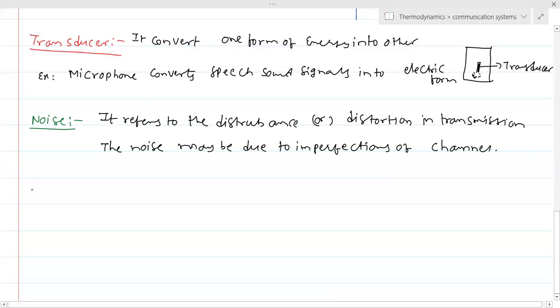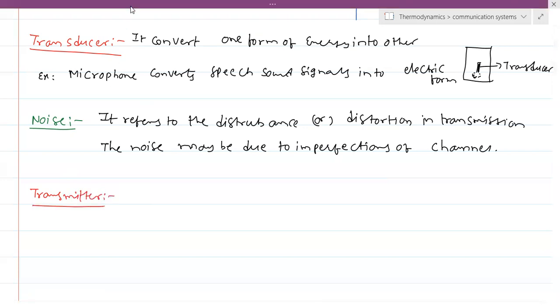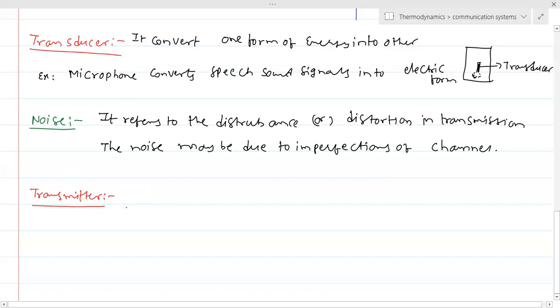Next is the transmitter. Studying all these things before the problems is very, very important, very crucial to understand the formula, and very important to understand the question itself.